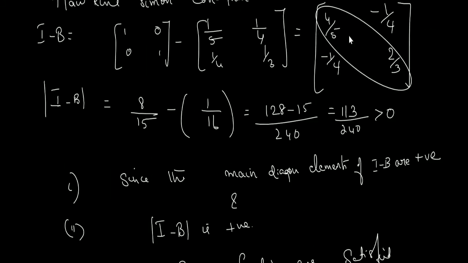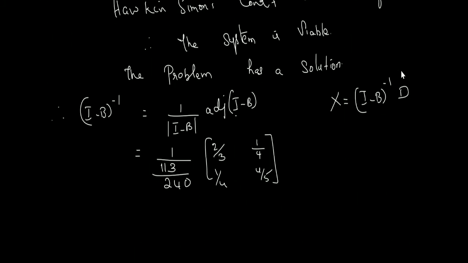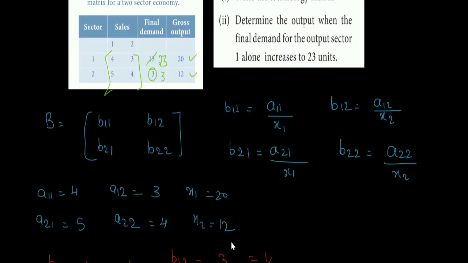Interchange these two numbers and change the sign here. So it will become 2 by 3, 1 by 4, 1 by 4 and 4 by 5. So X is equal to, take the reciprocal of this, so 240 by 113 into 2 by 3, 1 by 4, 1 by 4, 4 by 5 into the demand. This is the demand, 23, 3.